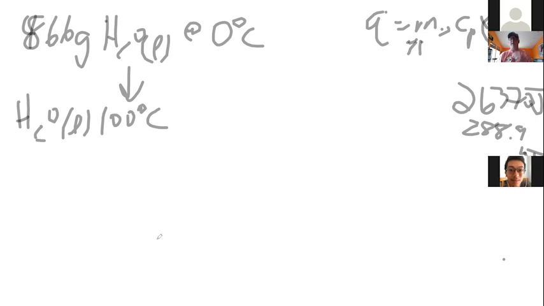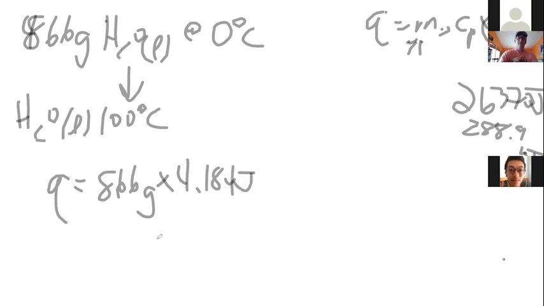Liquid, right. So now I need to figure out how much heat it takes to get 866 grams of liquid water, so its heat capacity is 1.84 joules per gram per Kelvin, and I need to raise it by how much? What's my delta T?